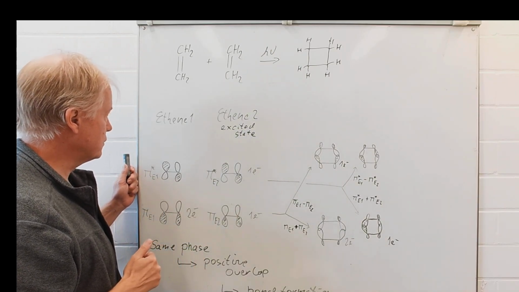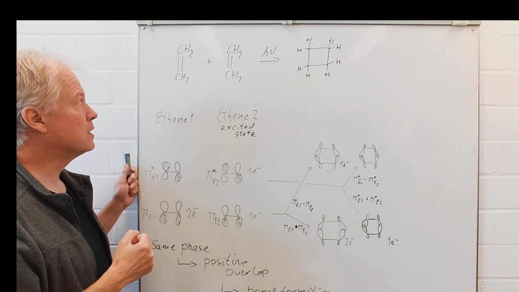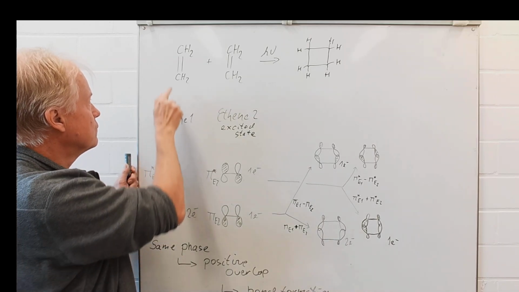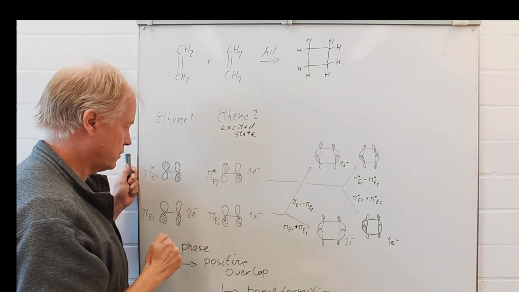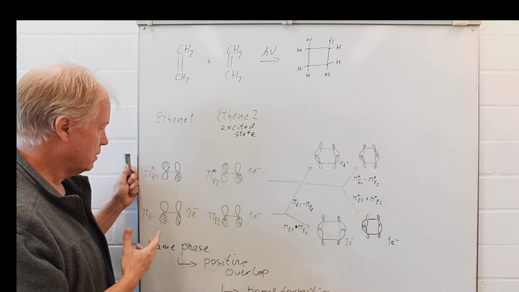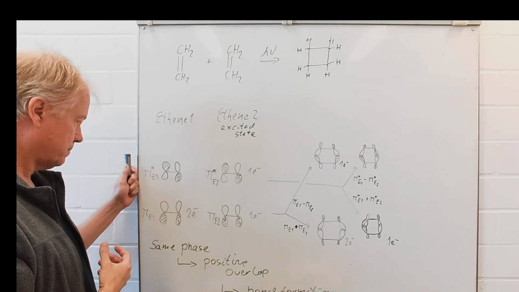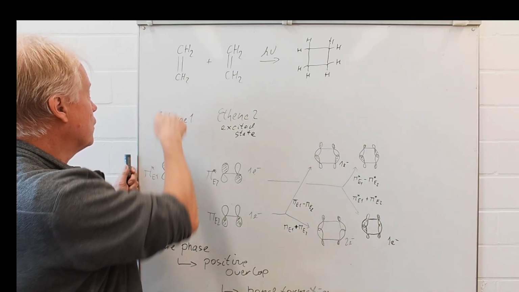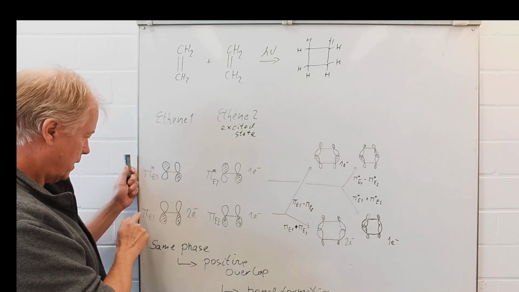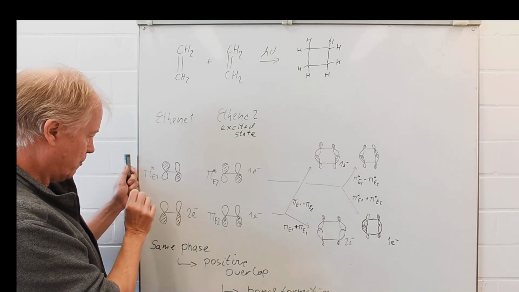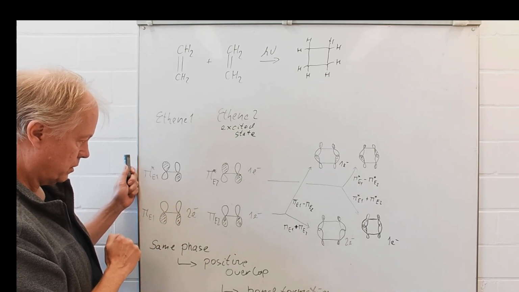So that means we have two ethene molecules which will interact, one in the ground state, the other one in the excited state. What does this mean if we have a look at the orbitals? So for this pi bond, we assume a bonding pi molecular orbital.